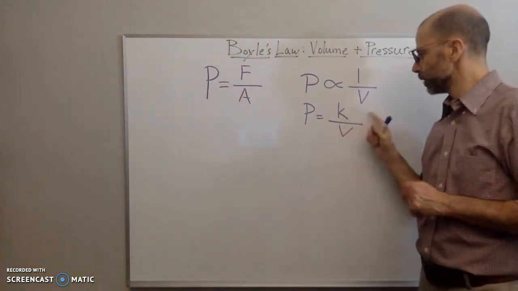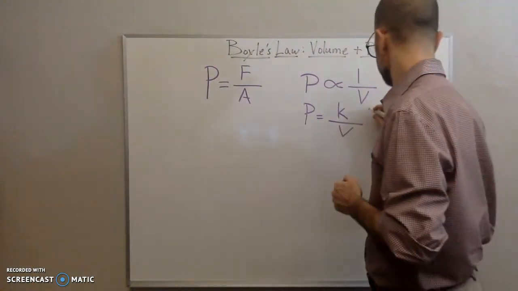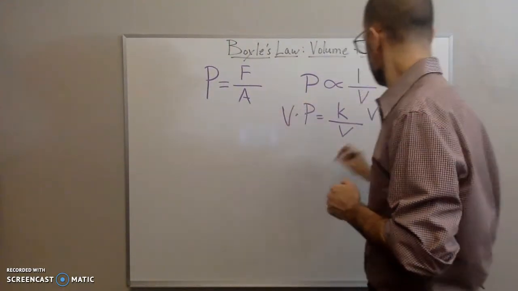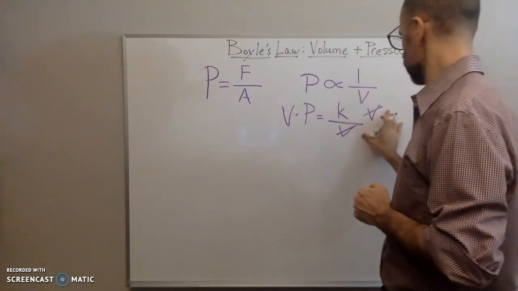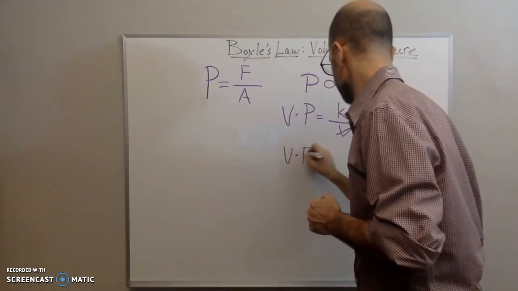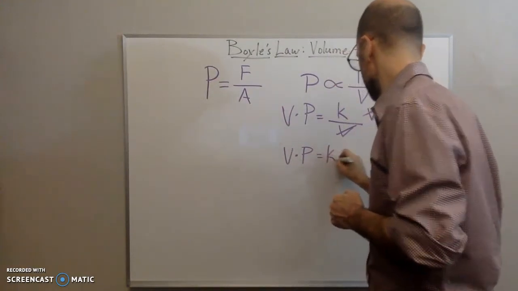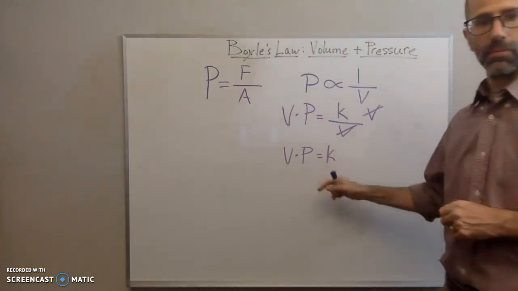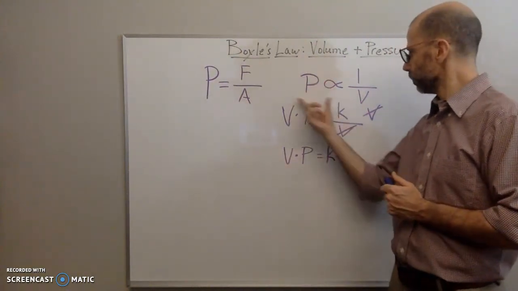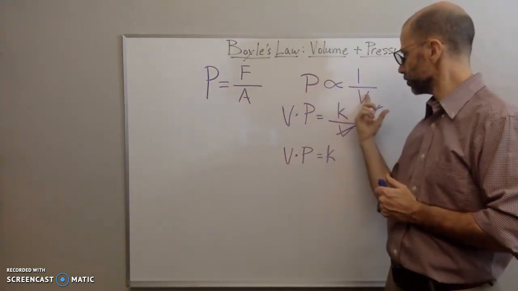Now if I multiply both sides by volume, the volume cancels out over here. Now I have volume multiplied by pressure is going to be equal to some constant. Okay, with me so far? So I started with the proportionality, that they're inversely proportional.